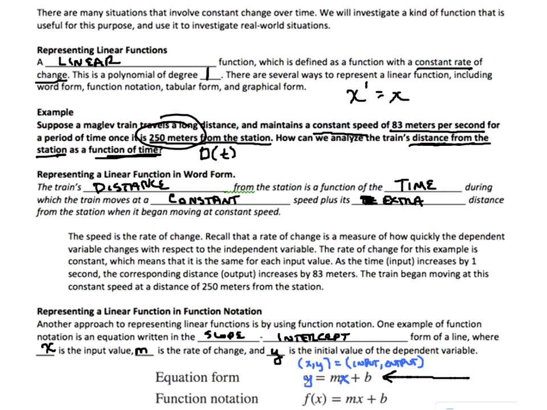M in this case is equal to my rate of change, which we will find in a moment is also known as slope. And then my b value represents my y-intercept. And then this is just the same equation written in function notation. Instead of writing y, I wrote f of x. And so there's no difference in those two equations.